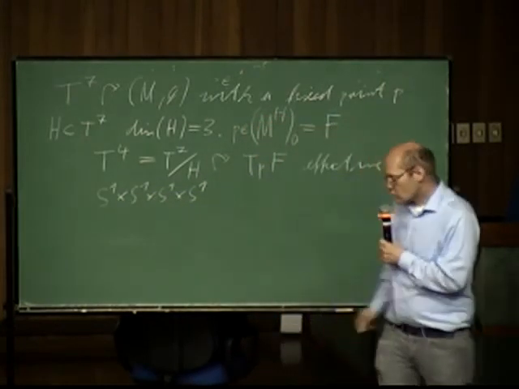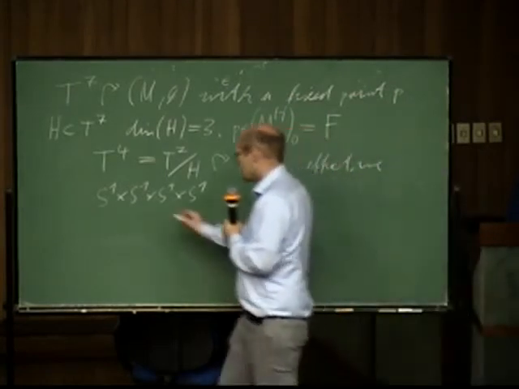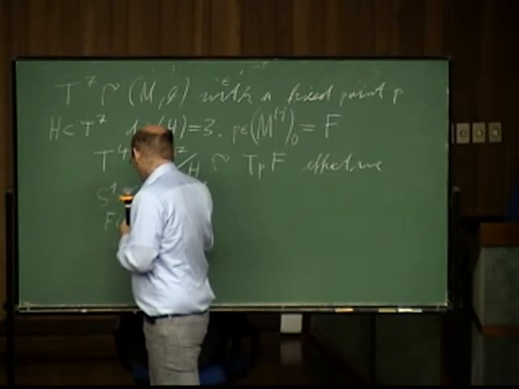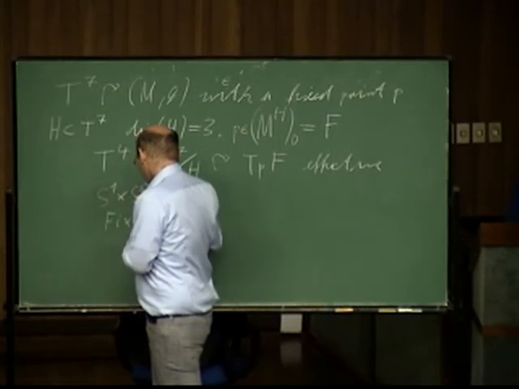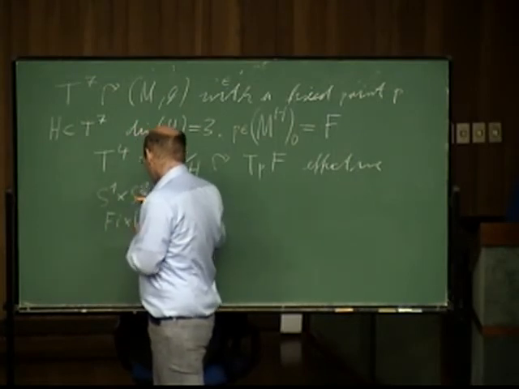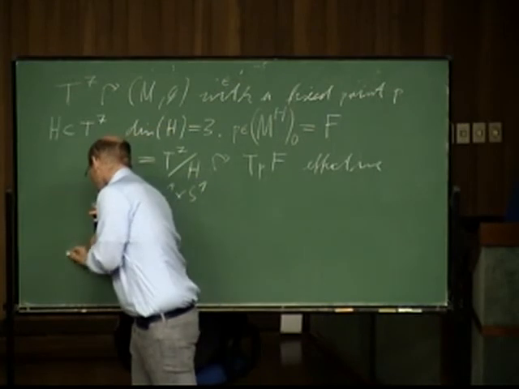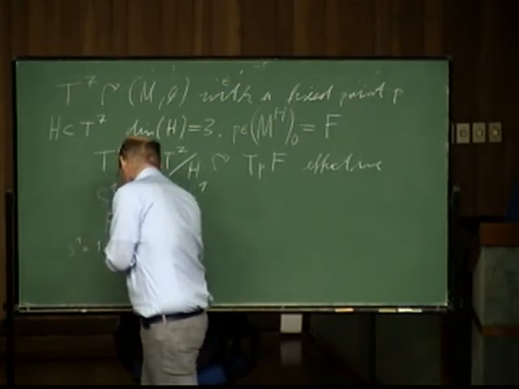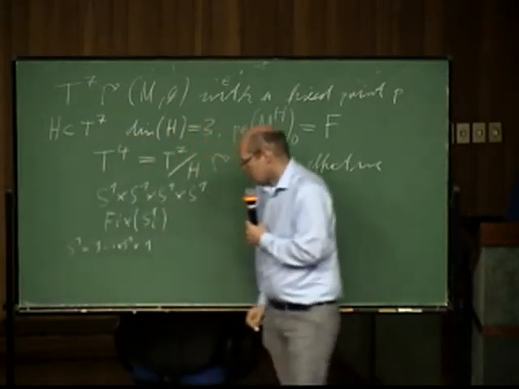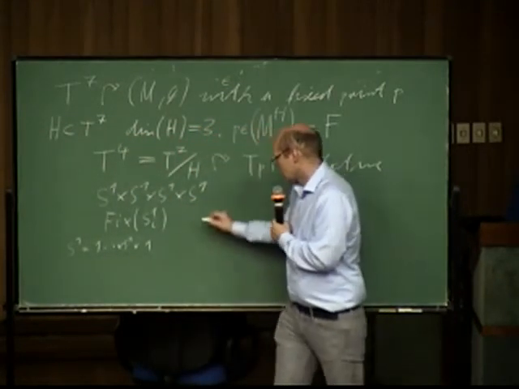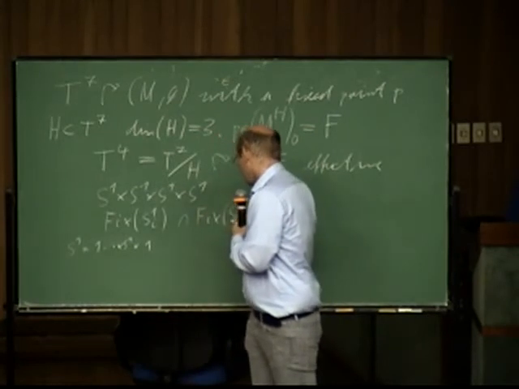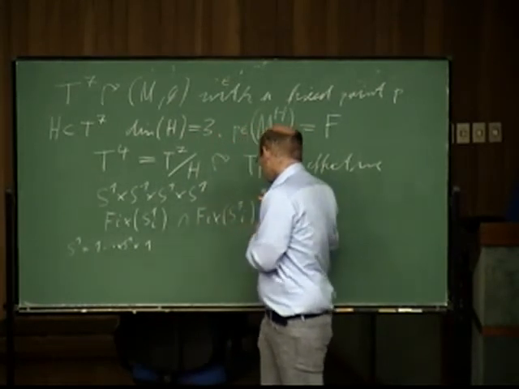And that in turn means that the fixed point set of S1_i, which is 1 cross S1 cross 1, and the fixed point set of S1_j intersect transversely.